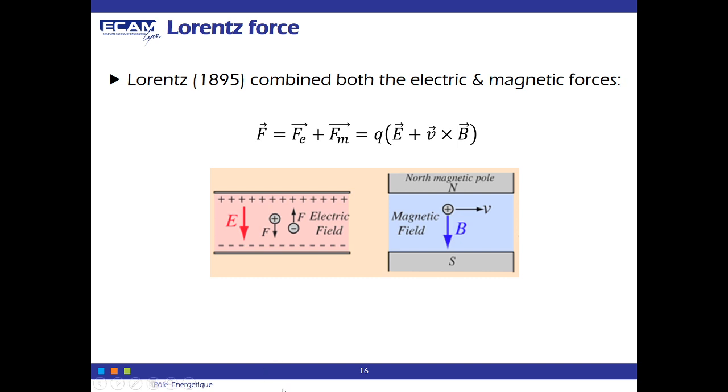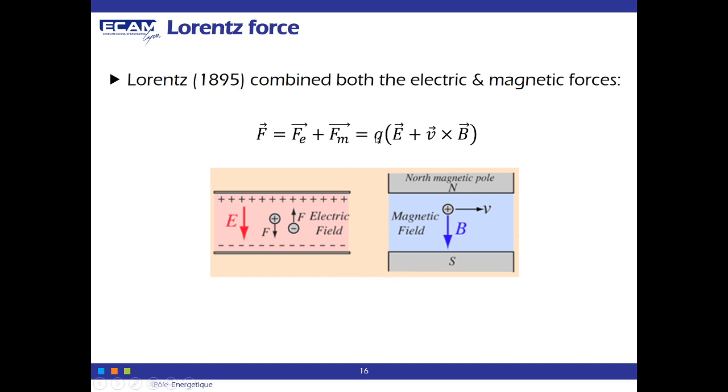Of course, this was the case when there was only a magnetic field in the medium. If there is also an electrical field in the environment, the total force will be the superposition of the electrical force as well as the magnetic force.